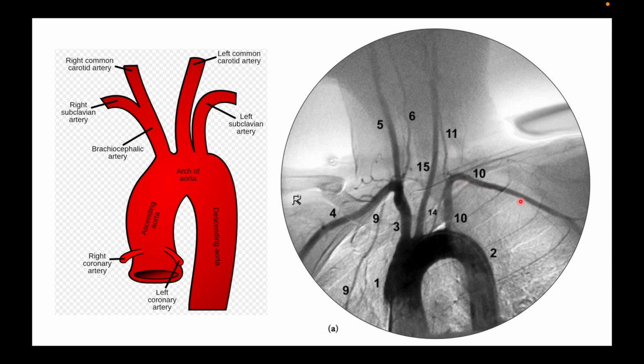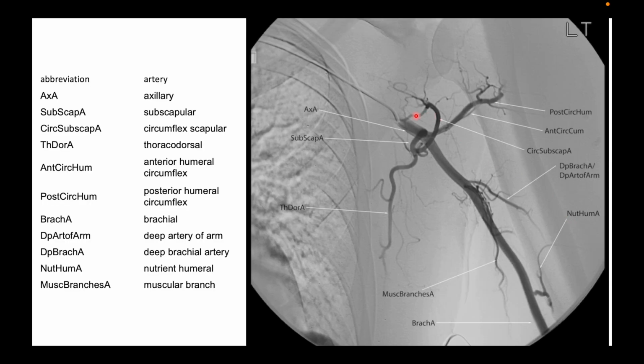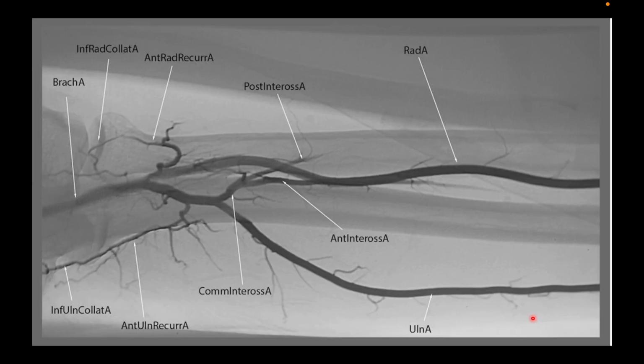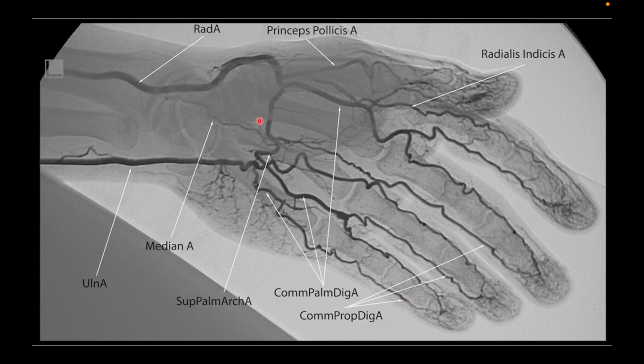The subclavian artery then continues and becomes the axillary artery, which goes on to become the brachial artery. The brachial artery in the arm then goes further in the forearm to divide into the radial artery and ulnar artery, and both of these together form the palmar arch, and then branches go towards the fingers. These are the digital branches.